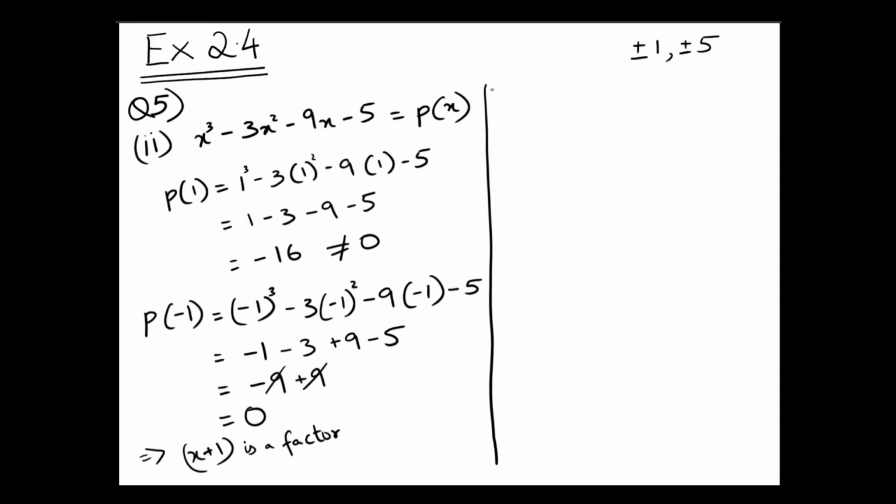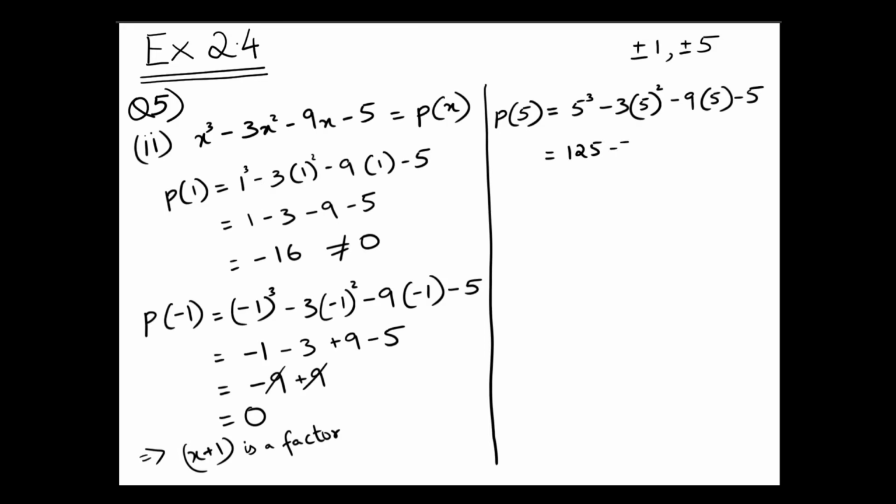Here we'll check for the other two cases as well. We'll check whether p of 5 is a factor. This is 5 cube minus 3 into 5 square minus 9 times 5 minus 5.